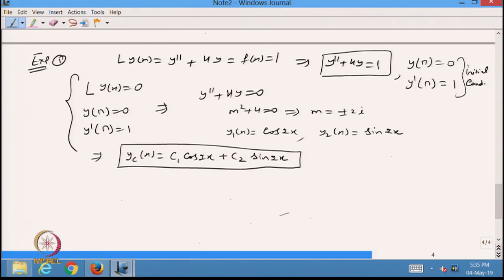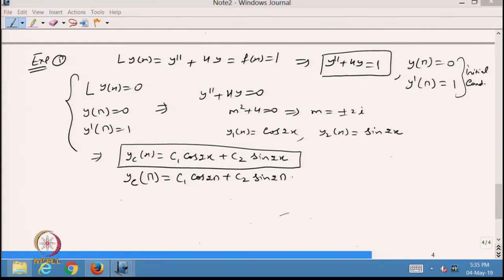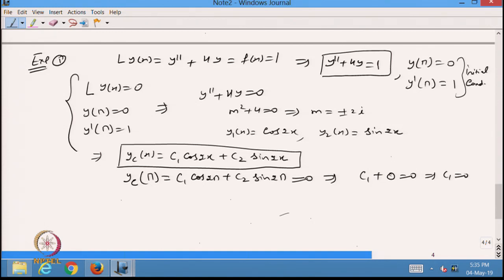It is given that y_c at pi is 0. So, this will be C1 cos 2 pi plus C2 sin 2 pi, and that value is equal to 0. I know that cos 2 pi is 1 and sin 2 pi is 0, so C1 is equal to 0.